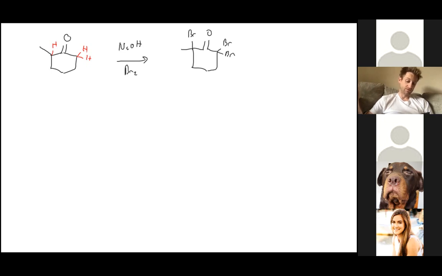If you have a terminal ketone, so a methyl group on one side, and you had NaOH and Br2, this is going to tribrominate.